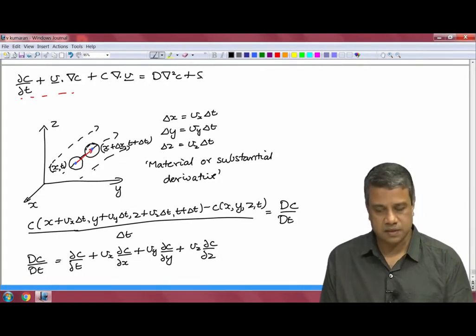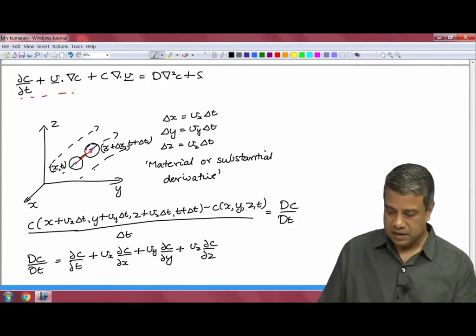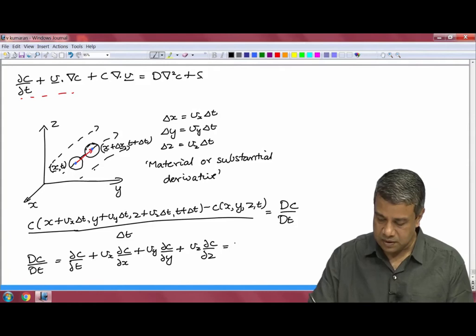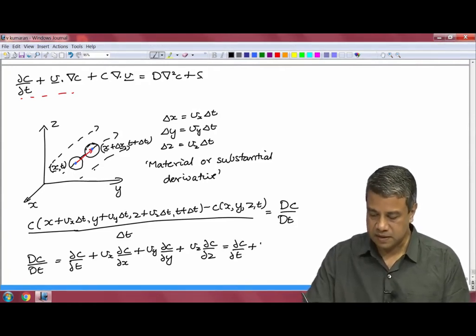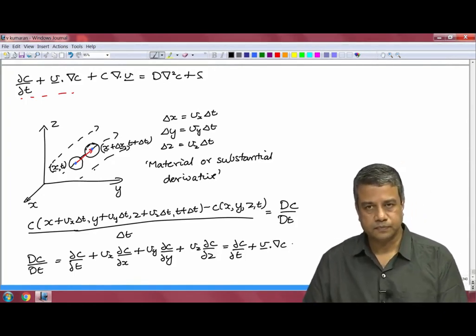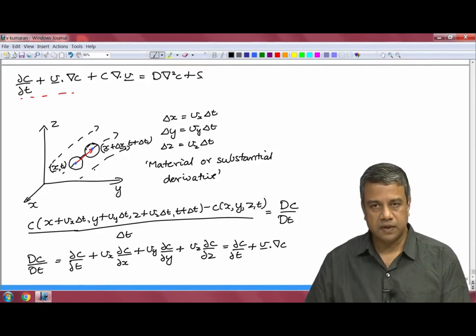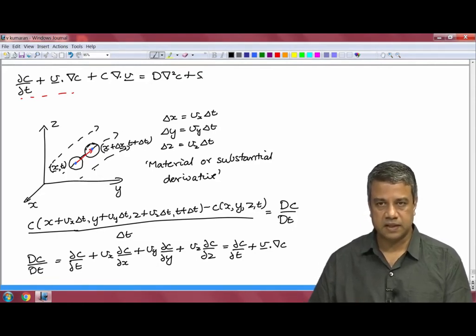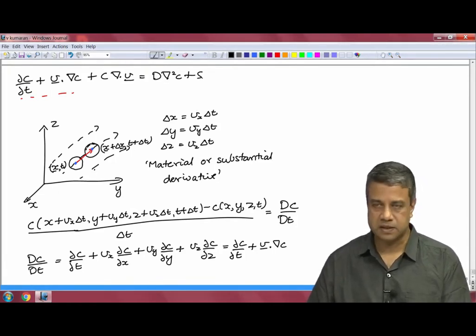So, that is the substantial derivative, and this is also equal to partial c by partial t plus, if I express it in vector notation, v dot grad c. V dot grad c is Vx partial c by partial x plus Vy partial c by partial y plus Vz partial c by partial z.